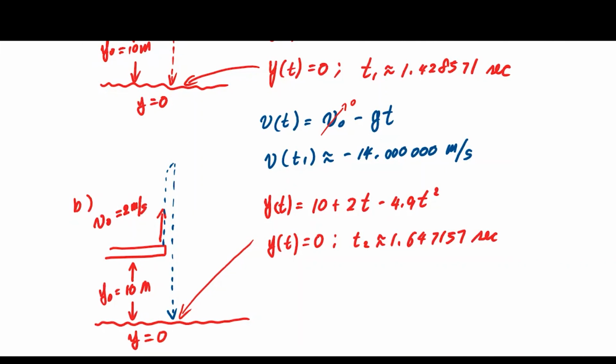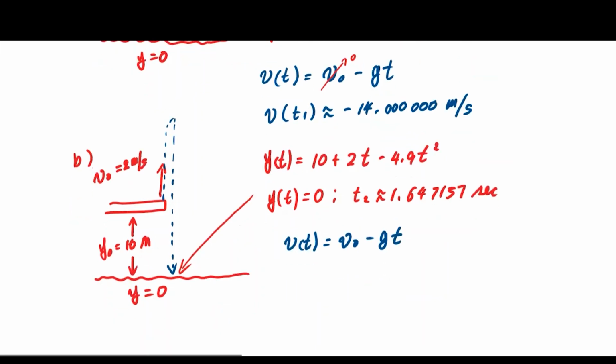Okay, now let's figure out the velocity. Velocity is v naught minus gt. Now, v naught is no longer 0, it's 2. So our velocity is 2 minus 9.8t. You get it? Now plug in t2.